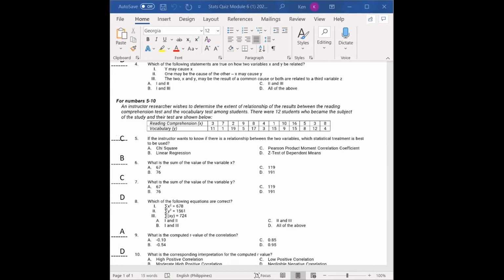Tapos yung mean niya, 6.333. Yung sunod naman sa Y values, yung sum of Y values is equal to 119. Tapos yung mean niya, 9.917.